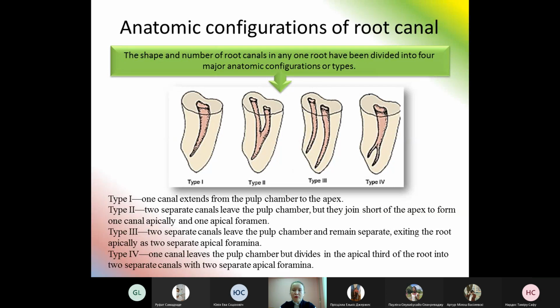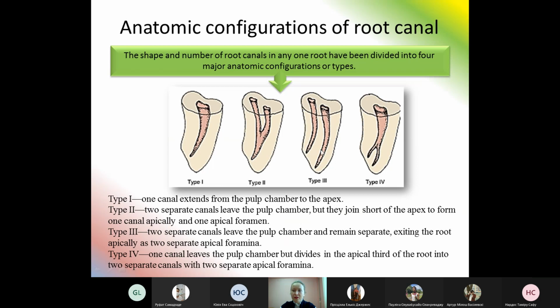The shape and number of root canals in any one root have been divided into 4 major anatomic configurations or types. This diagram shows you these types of root canal configuration. Type 1: one canal that has one single opening. Type 2: two separate root canals that have a single opening.